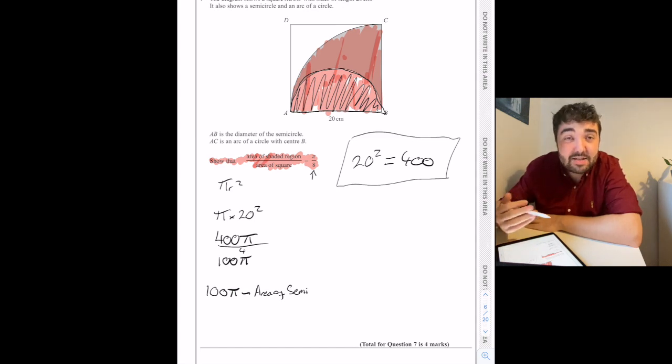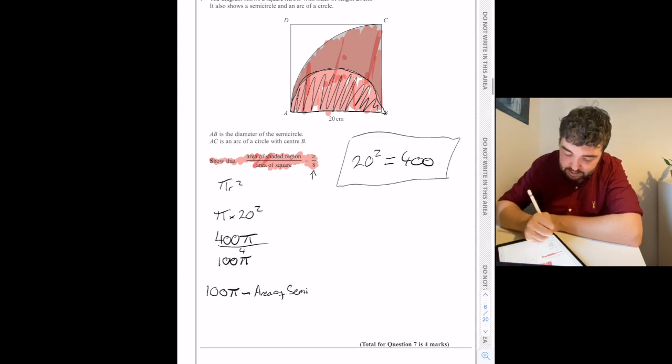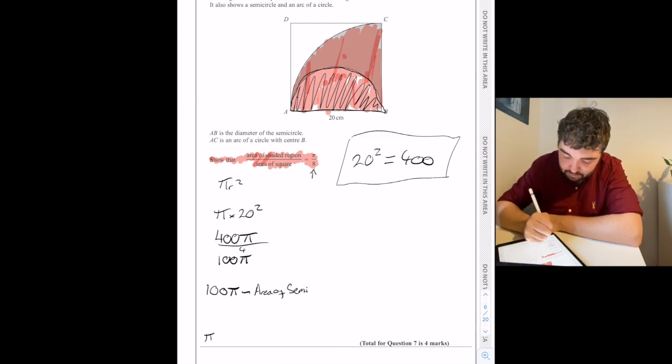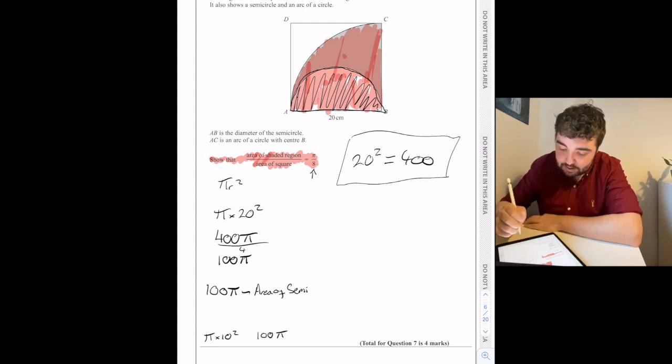Pi r squared. Again, this time our radius is 10 centimetres. So, it's going to be pi times 10 squared, that's going to be 100 pi. I'm going to divide by 2. This is a semicircle. 100 pi over 2.